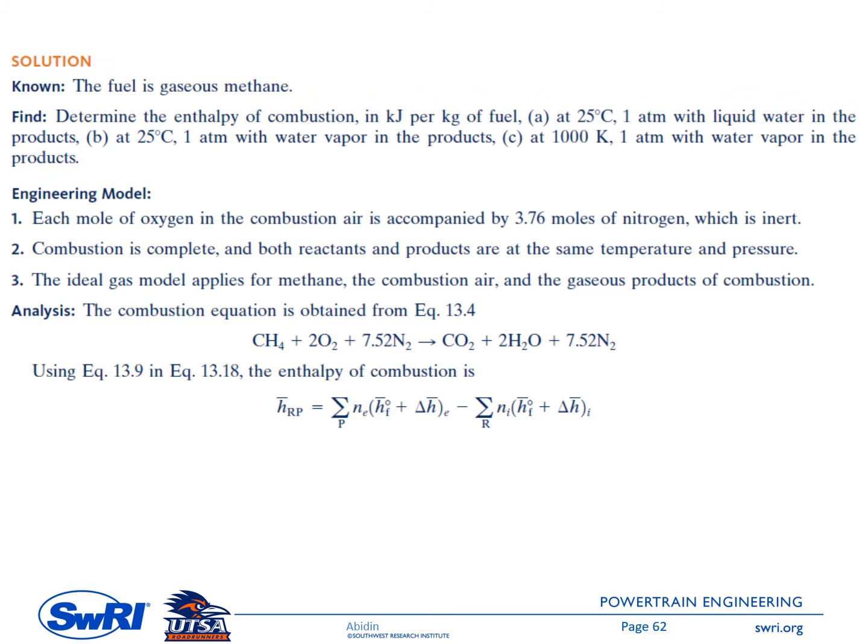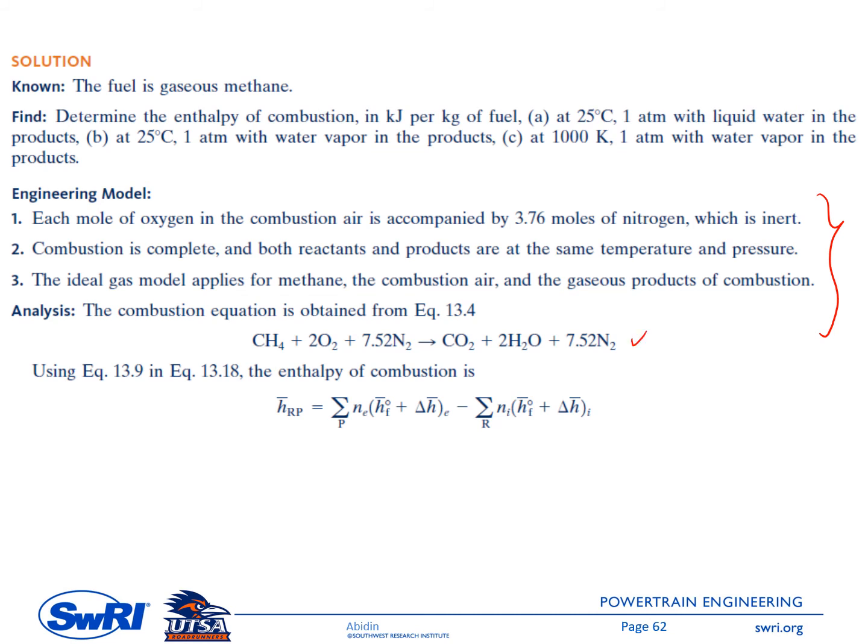So this is the engineering model. Each mole of oxygen in the combustion is accompanied by 3.76 moles of nitrogen, which is inert. And the combustion is complete, so it means stoichiometric combustion. Both reactants and products are at the same temperature and pressure. And the ideal gas model applies for methane, the combustion air, and the gaseous products of combustion.